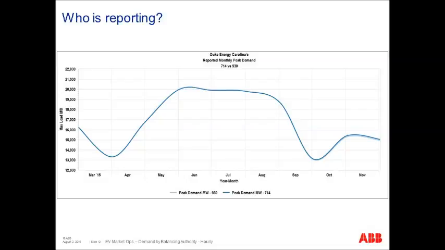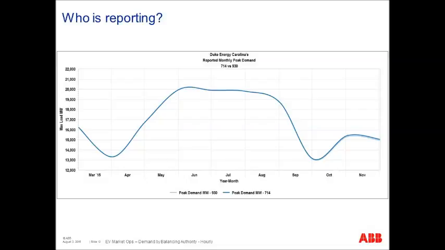This here is basically my representation of comparing the reported EIA 930 values from 2015 to the monthly peaks reported on the FERC 714. And at least for Duke Energy Carolina, you can see that they're reporting very good data. This is almost spot on, and this is aggregating our hourly data to a monthly level and still finding that it matches up pretty well.